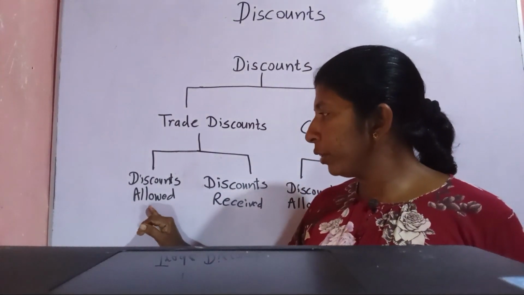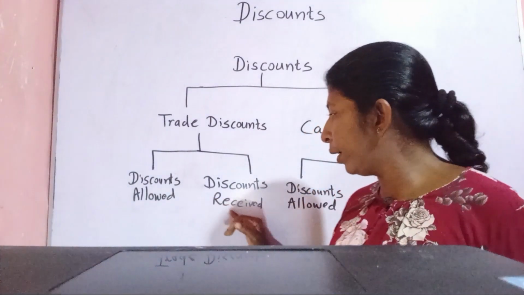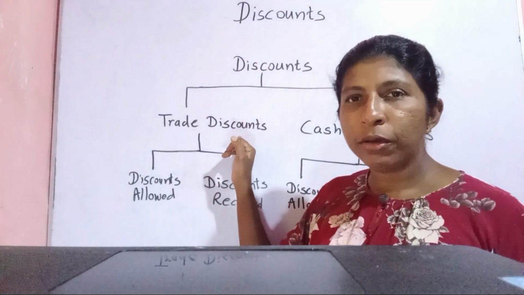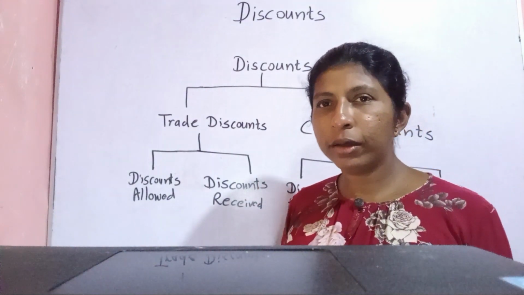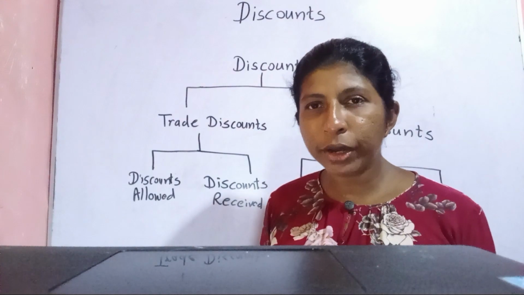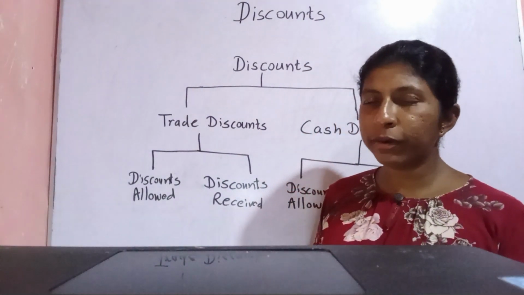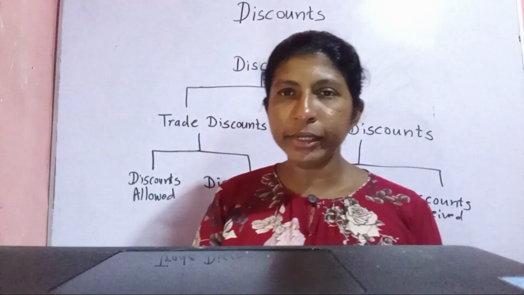For both discounts allowed and discounts received under trade discounts, there is no need to make accounting adjustments because it is a deduction from the listed price.